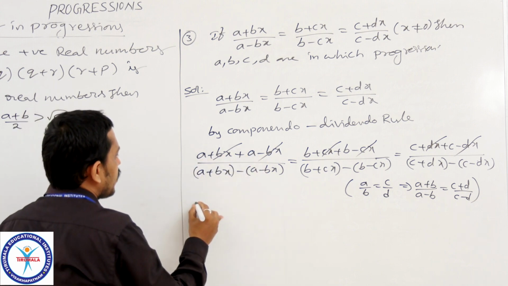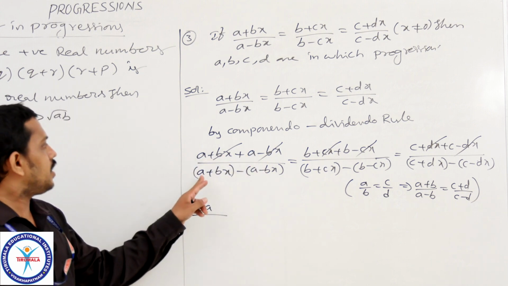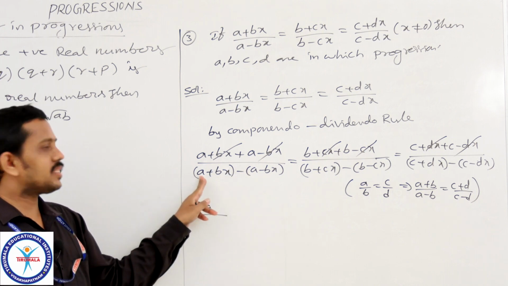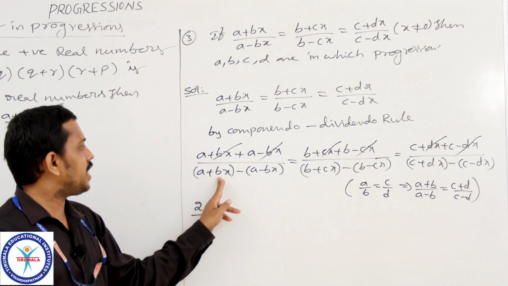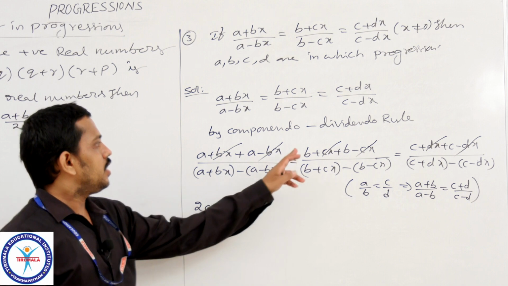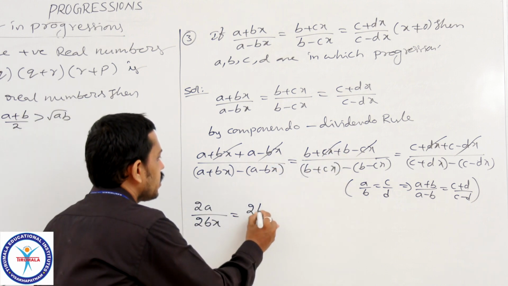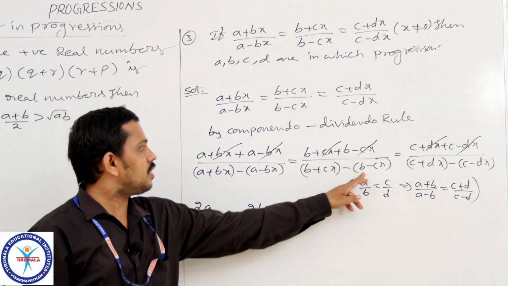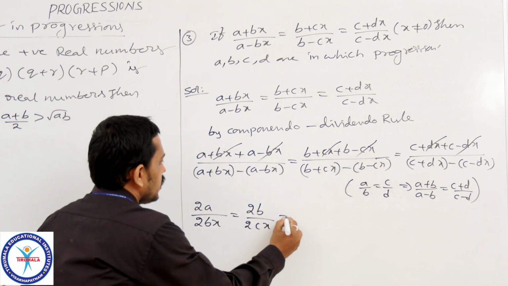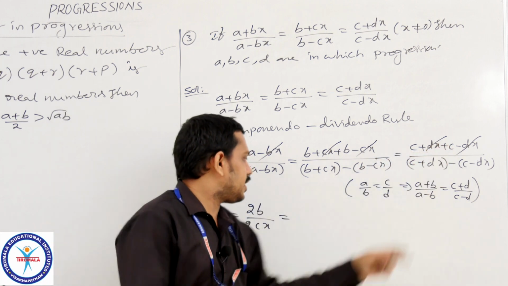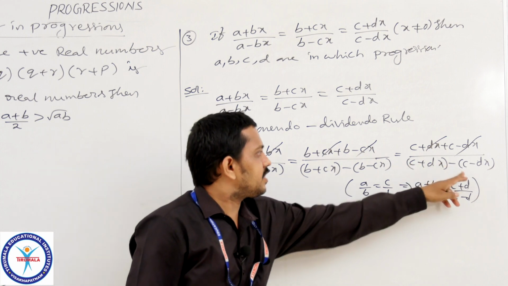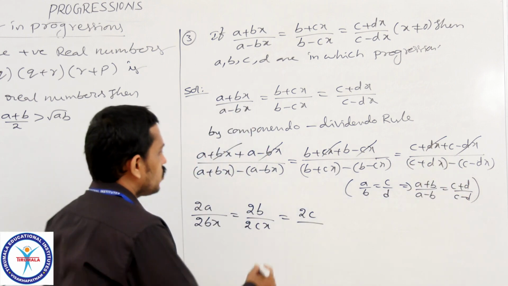In the numerator we have 2a, and in the denominator, a cancels, we have 2bx, is equal to 2b by 2cx, is equal to 2c by 2dx.